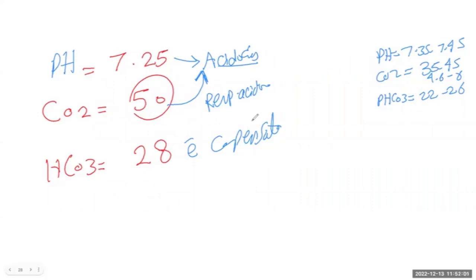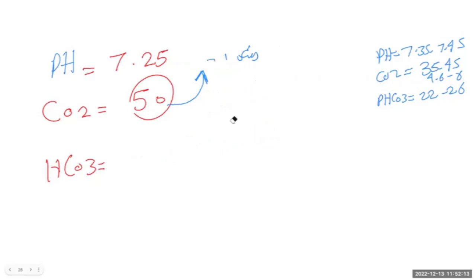Clear one? Okay, question number 3, I will modify in the same question. I will make the bicarb level 20.